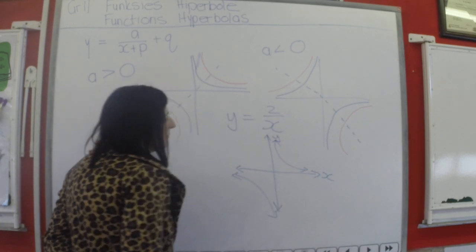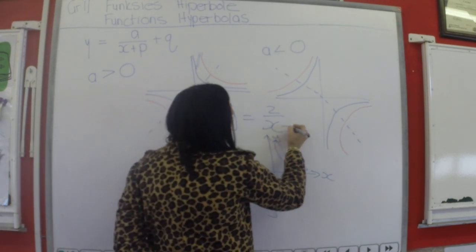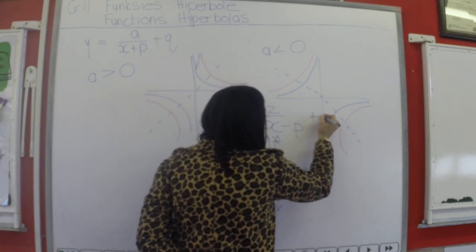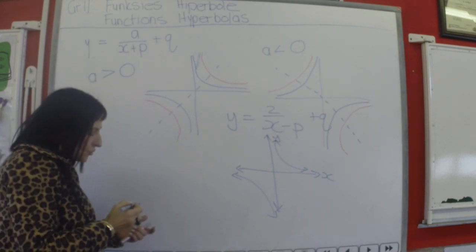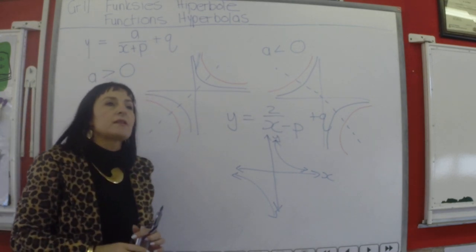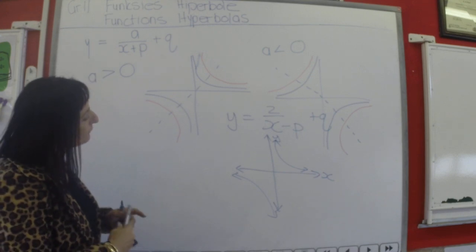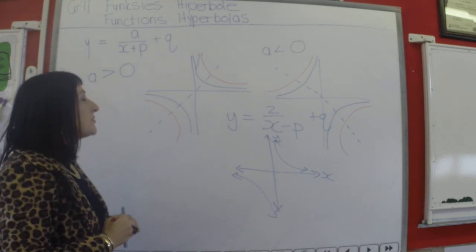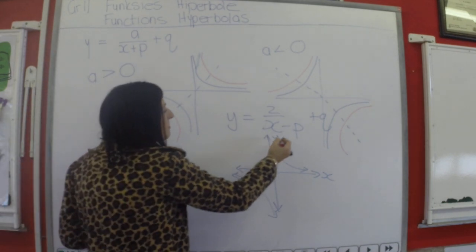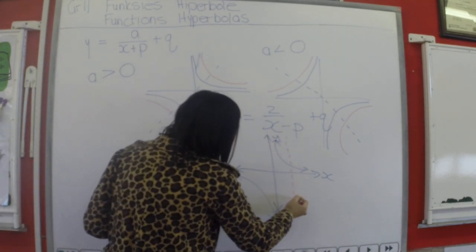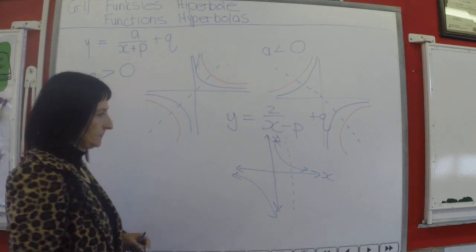Dis ons moederfunksie. Maar soos wat ek 'n p-waarde en 'n q-waarde bly kry op my standaard vergelyking, so gaan my asymptote skuif, soos wat my funksie skuif. So say for instance my p-value is negative, then this thing is going to shift to the right.